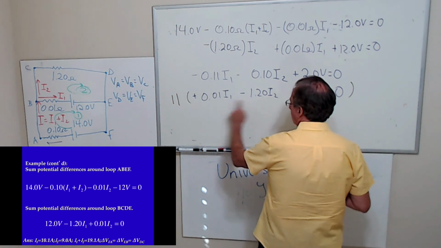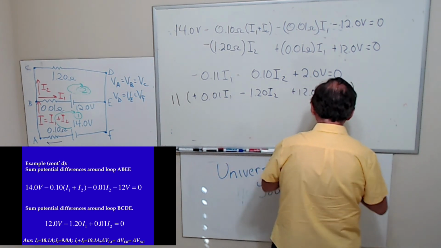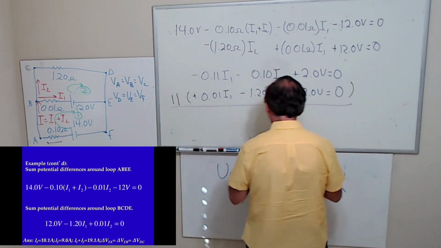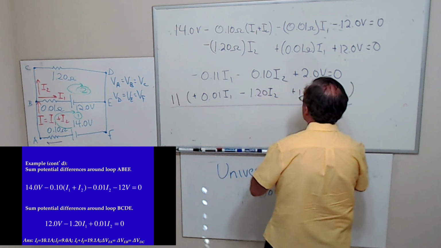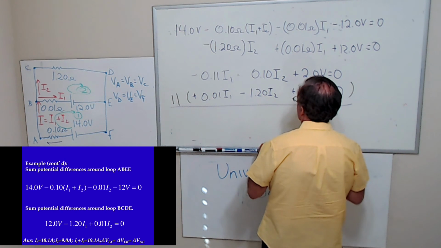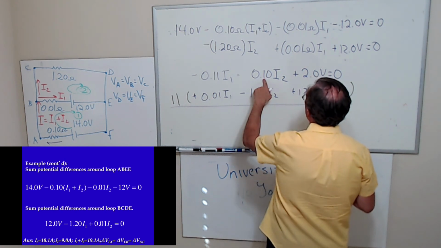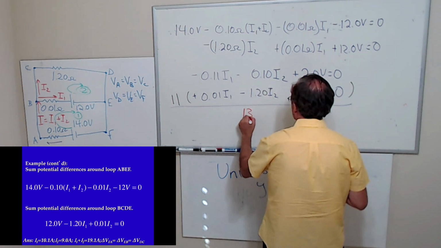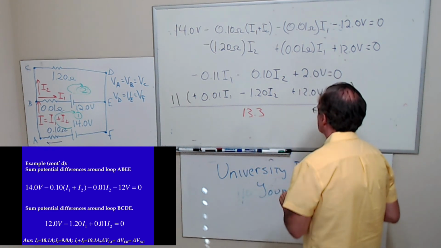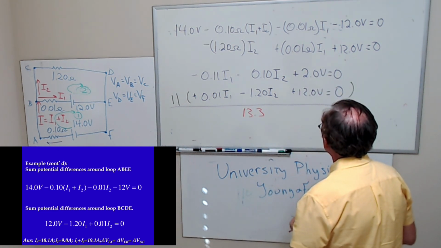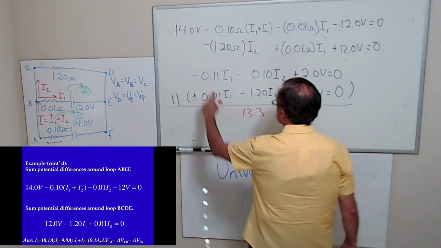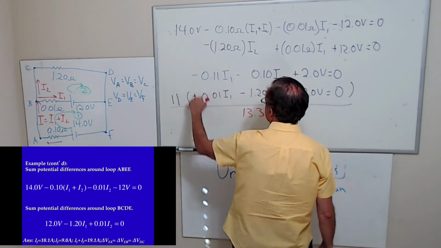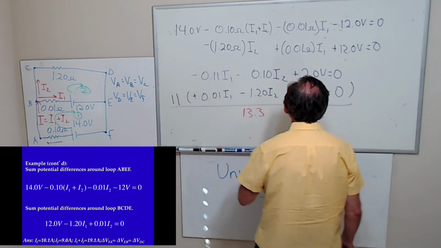So 11 times 1.2 is 13.2. 13.2 plus 0.1. Did I do that right? These two will cancel because when I add these equations, I get 0.11 and 0.11.